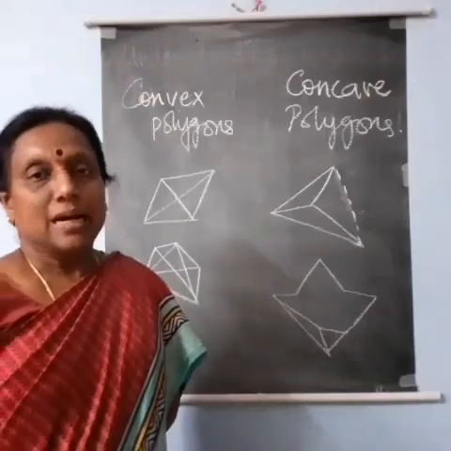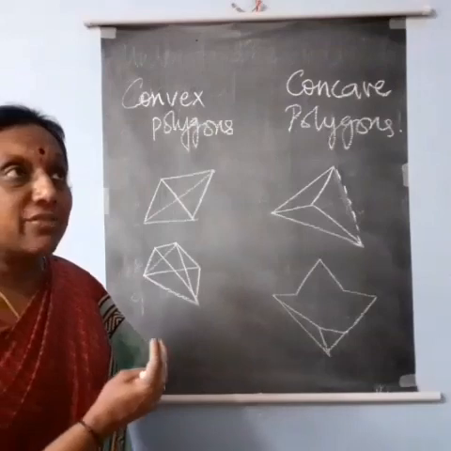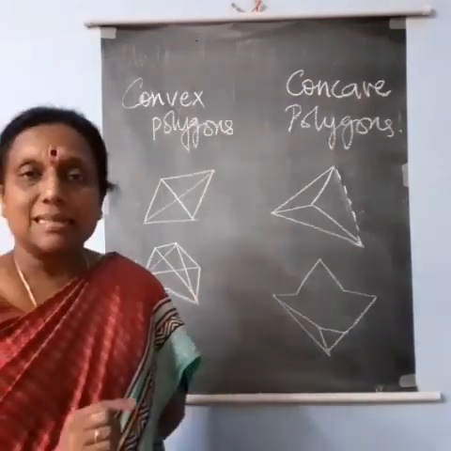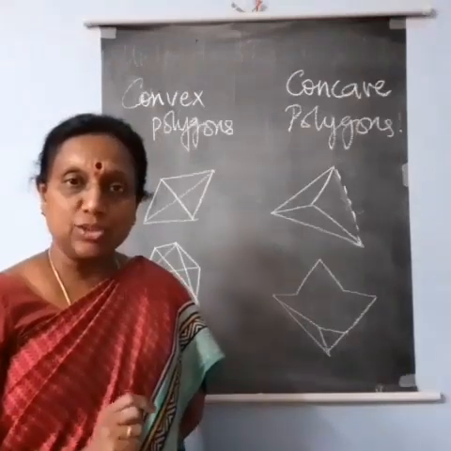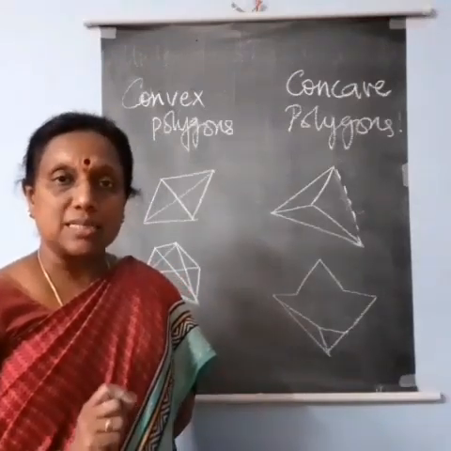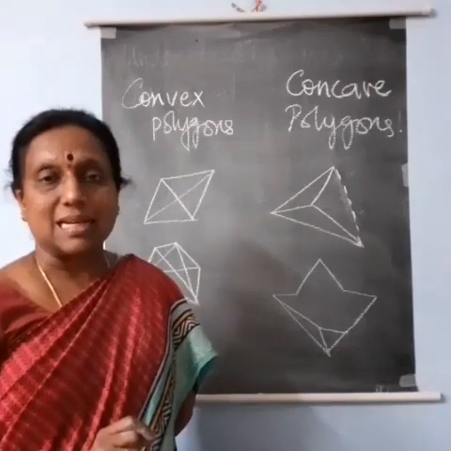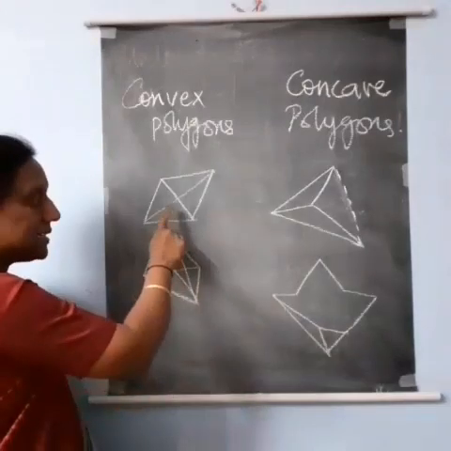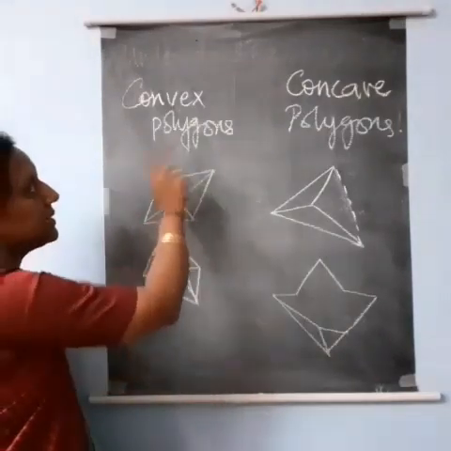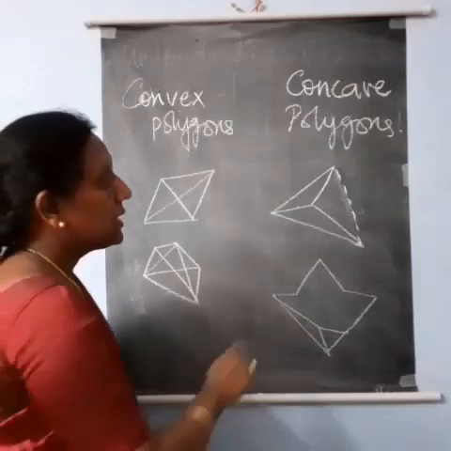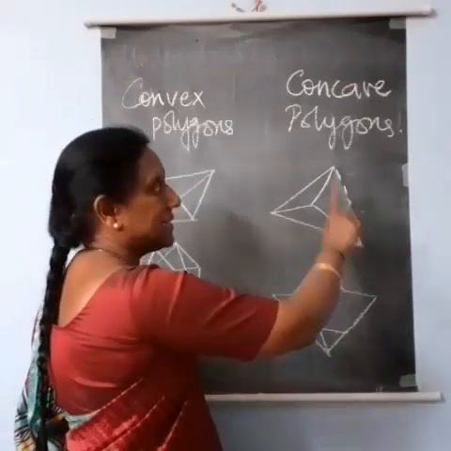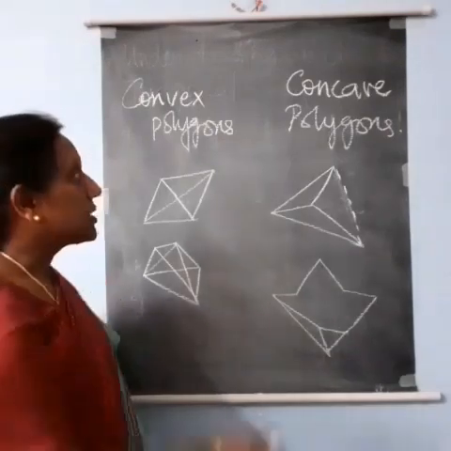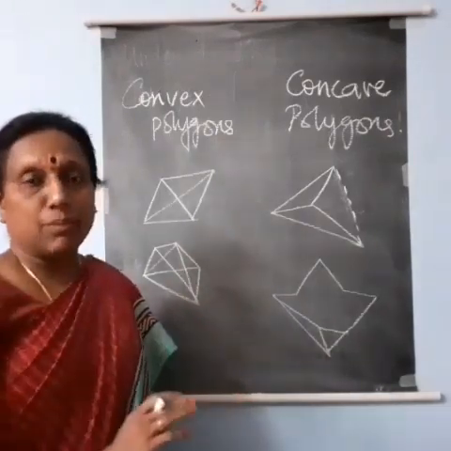Yes, now we are classifying polygons by the diagonals. What's the diagonal? The diagonal is a line joining two non-consecutive vertices. Understand? So when all the diagonals are interior, it is a convex polygon. When even if one diagonal is exterior, it becomes a concave polygon. Have you understood? So what is a convex polygon and concave polygon?